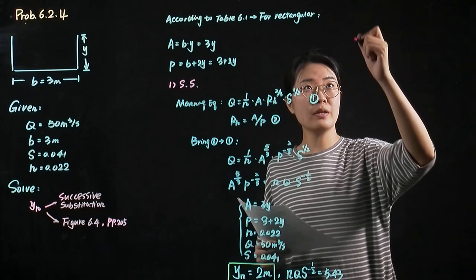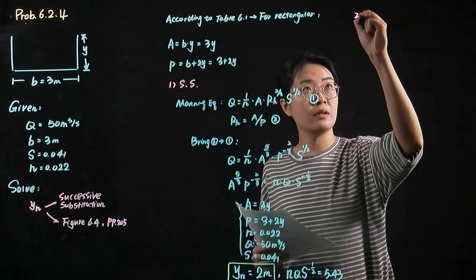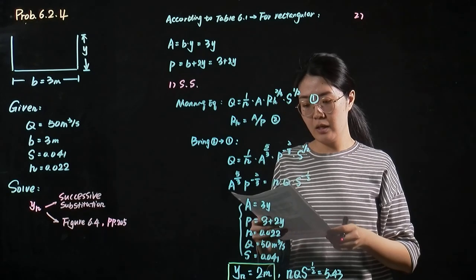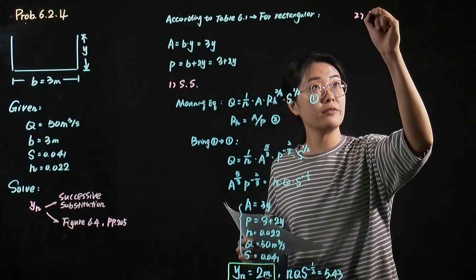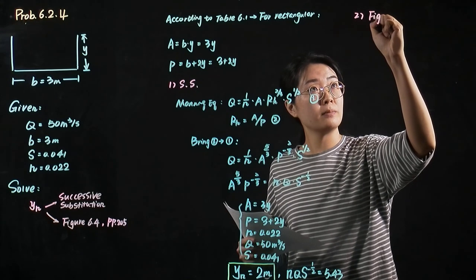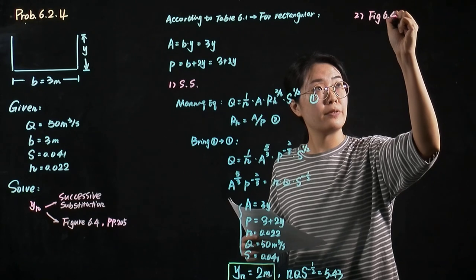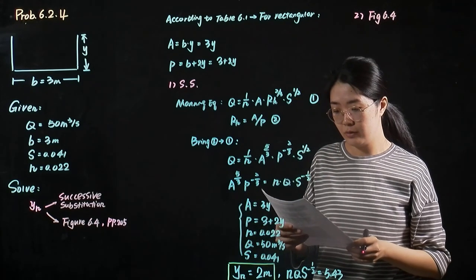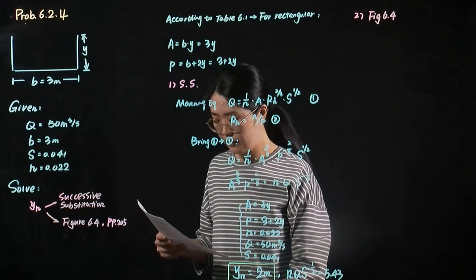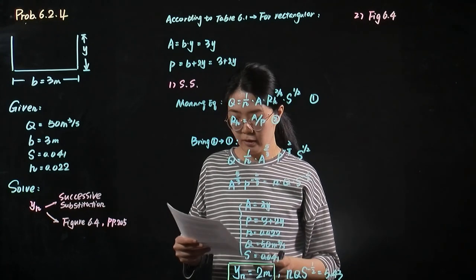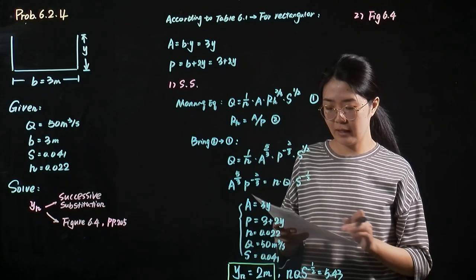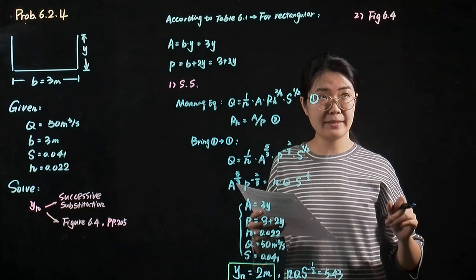Now let's use the second method, which is based on figure 6.4 to determine the normal depth. By applying figure 6.4, first we need to calculate the value of the x-axis.